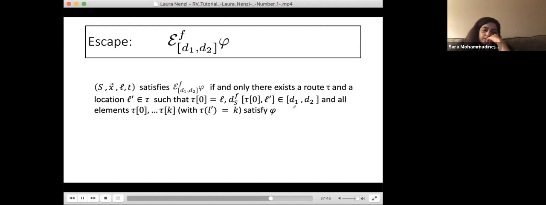And all elements in the route from the first element L to the element L prime satisfy phi.